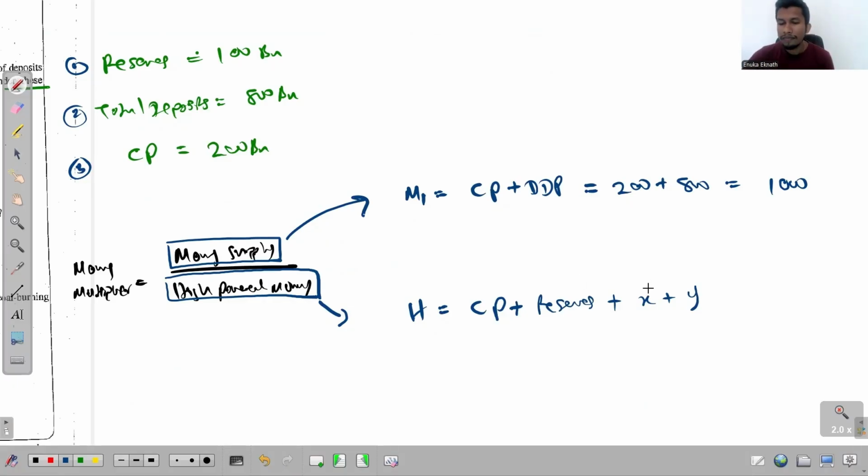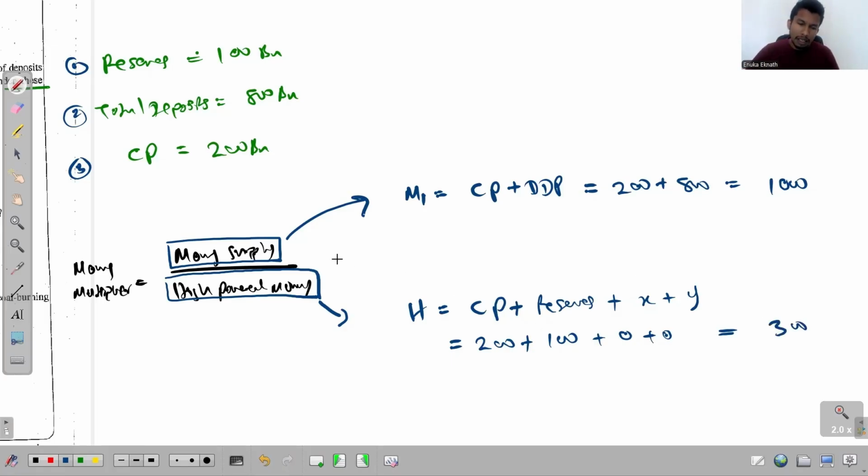In this question we don't have values for those other two components, so let's assume them to be 0. Now let me put values for each component. CP, the currency held by the general public, is 200 billion and the currency held by the commercial banks is 100 billion. The other two are assumed to be 0, so the high powered money, the total amount, is just 300.